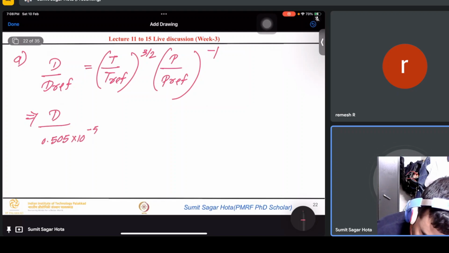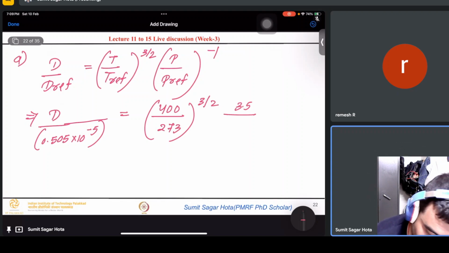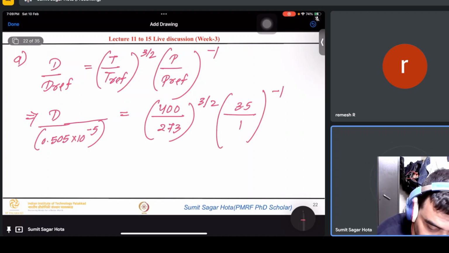to the power minus... equal to temperature 400, reference temperature 273 Kelvin, 3.5 atmosphere by 1 atmosphere, minus 1.